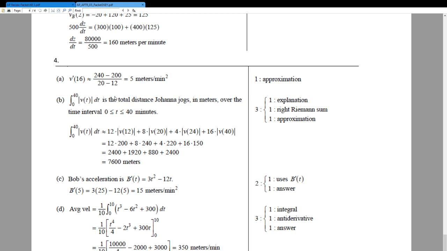Okay, so far you have 24, just from these packets, 24 FRQs, calculator and no calculator, that you can practice. On the AP exam, there's, I think, 3 sets of FRQs for AB, 3 sets of FRQs for BC.